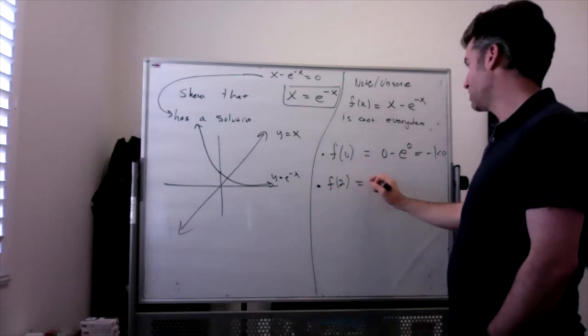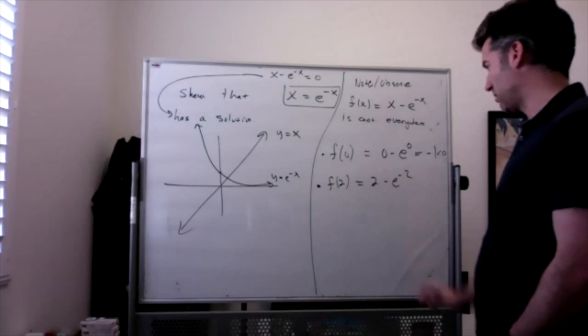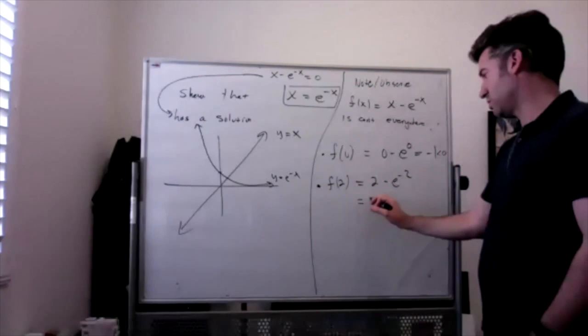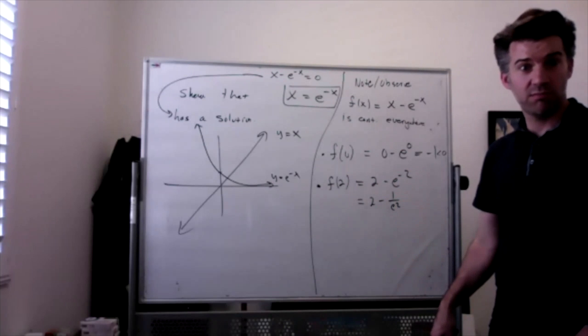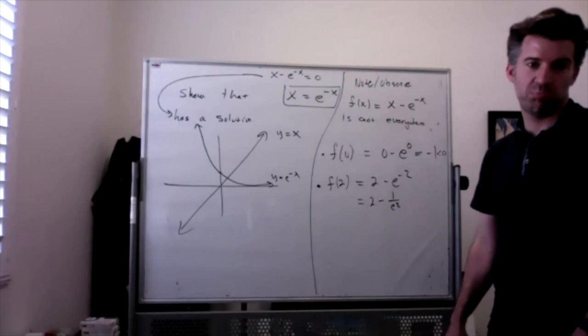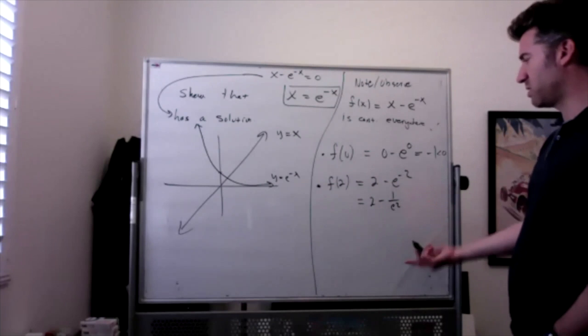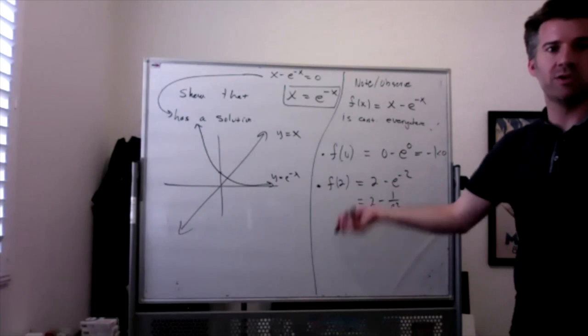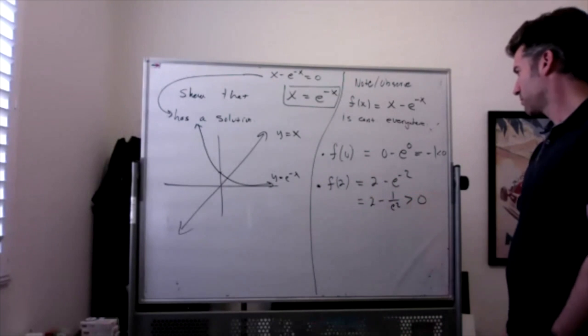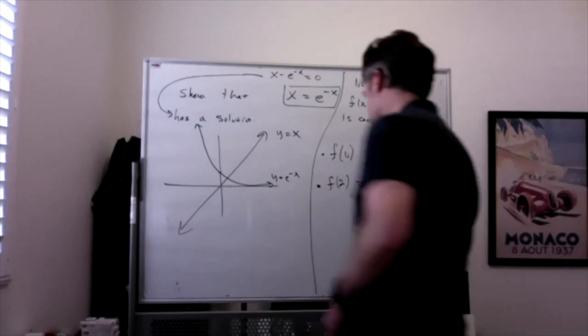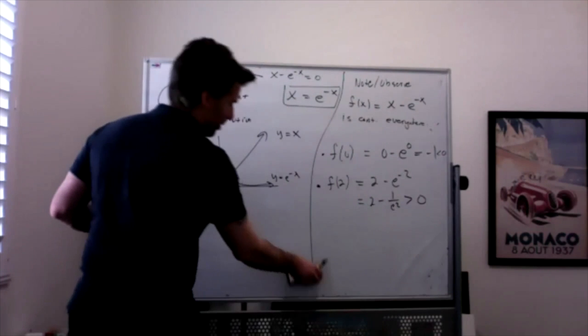F of 2 is 2 minus e to the negative second, which is 2 minus 1 over e squared. Is that positive? Yeah, 1 over e squared is pretty small. 2 minus 1 over e squared is definitely positive. Great. We're almost done.